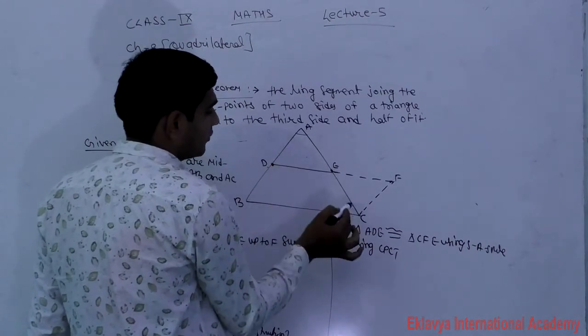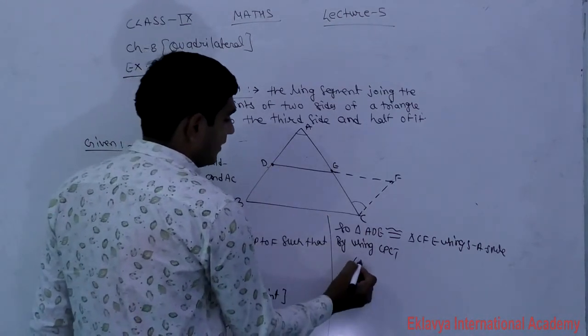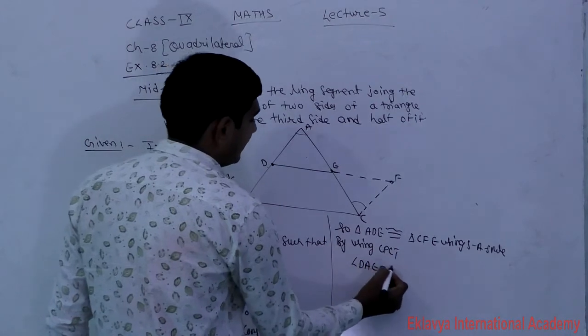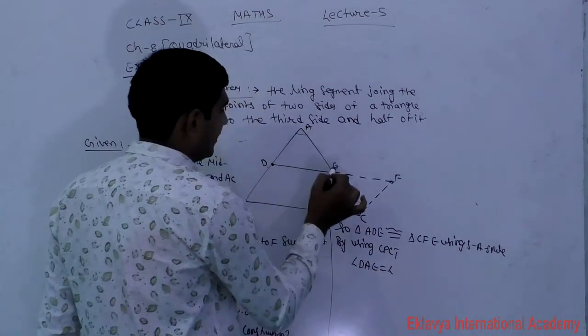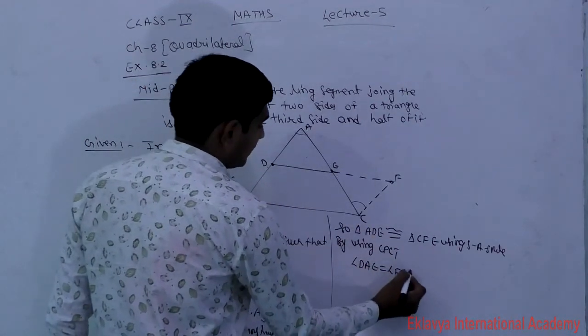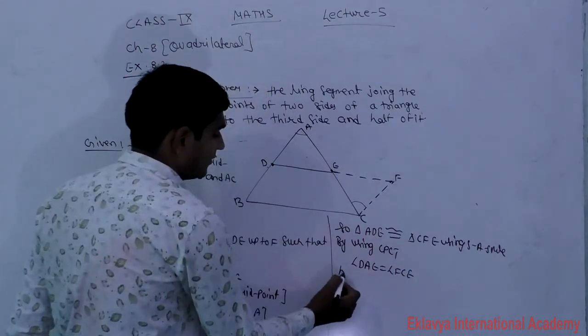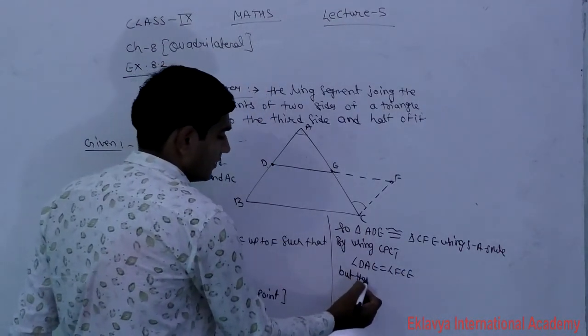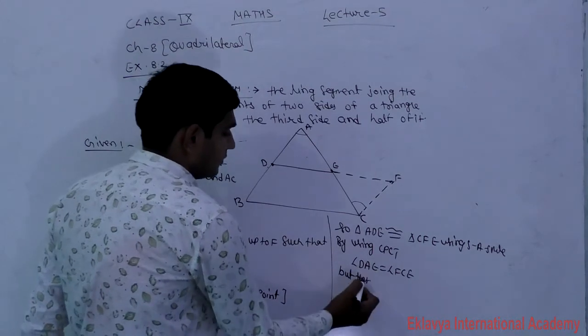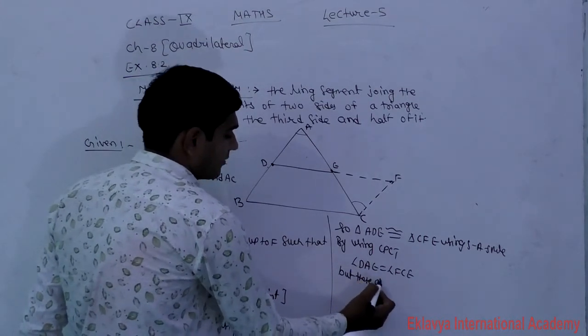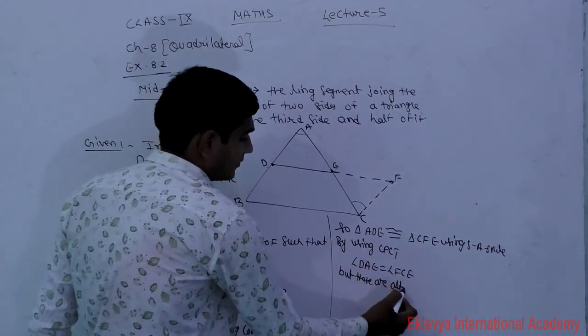By using CPCT, the value of that angle is equal to the value of that angle. Angle DAE is equal to angle FCE. But these are alternate angles.